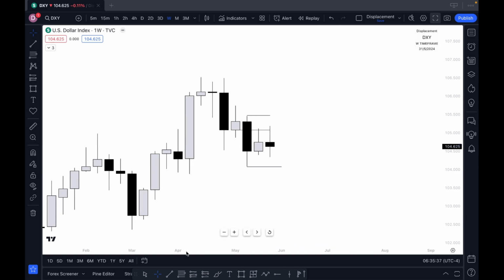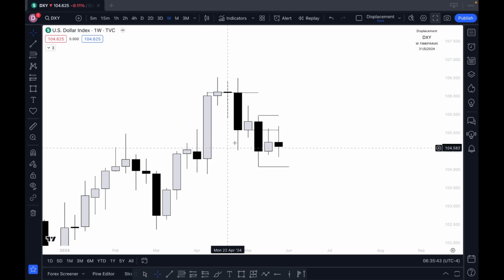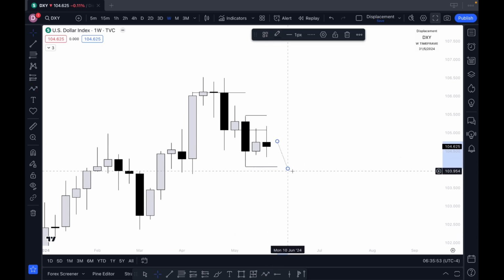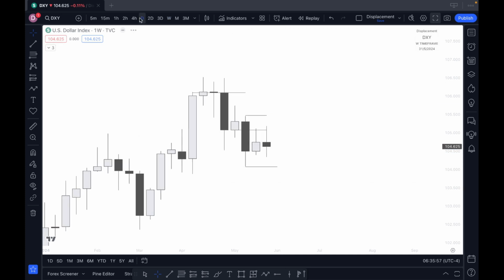We have failed to close above this high, or we have failed to expand above this high, and we have created this weekly order block. We have tapped this weekly order block. Right now the draw on liquidity would be this low, right? This low, but the daily has to confirm the idea.